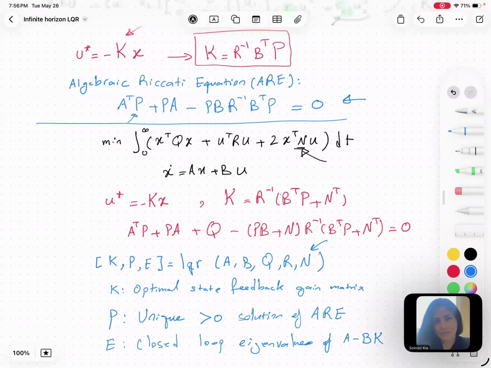So this is how we use the LQR control and what's the story behind it.